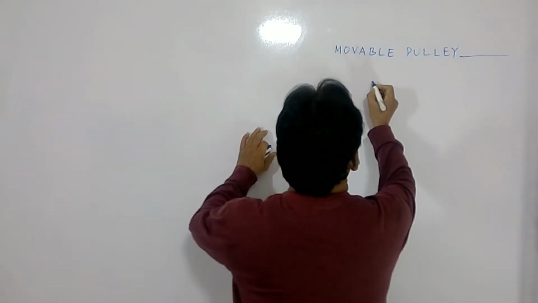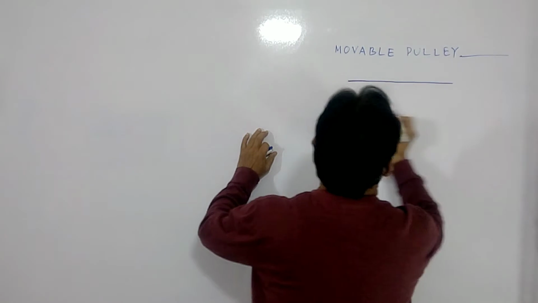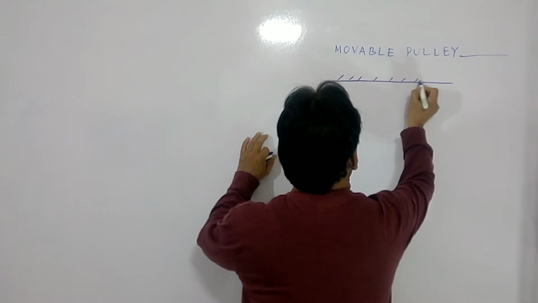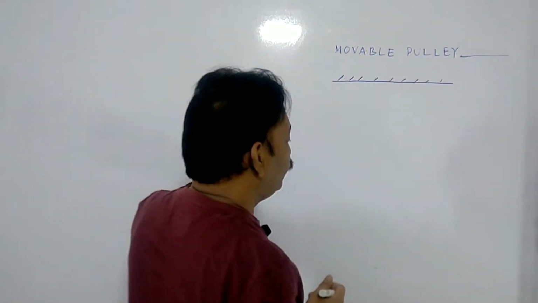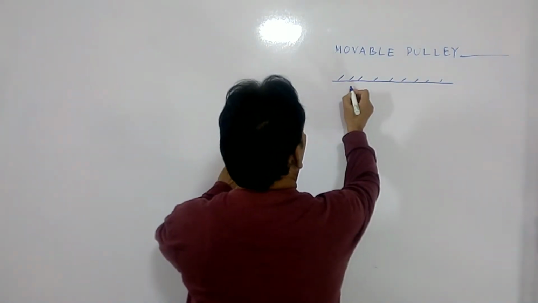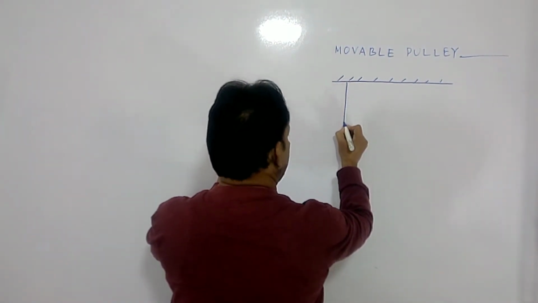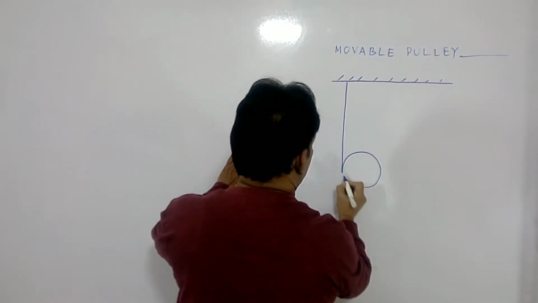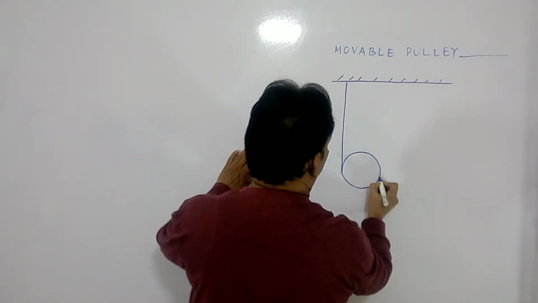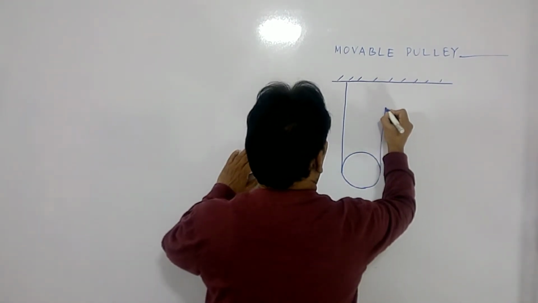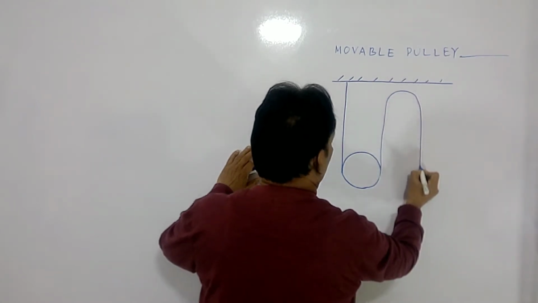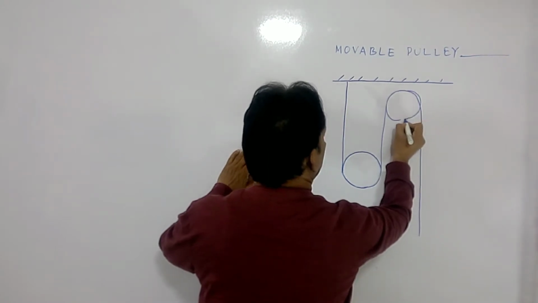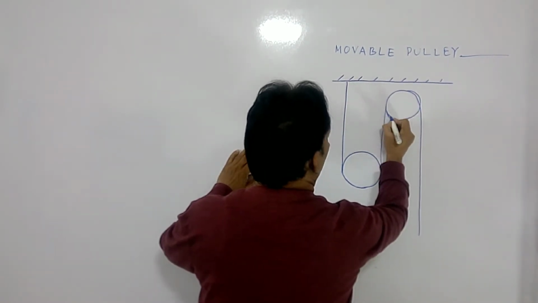Here, let's say it's a rigid support, students. Here we have a pulley, and we have one more pulley.